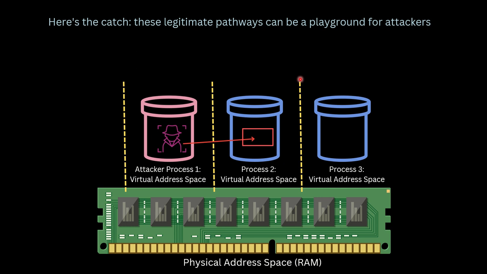So before an attacker's process can write to another process's address space, say for example here, if this is attacker process 1 and it is trying to exploit the address space of another process, then first it will have to allocate a space there. It will have to reserve a space there in order to go ahead and copy its code there and then get its code executed.